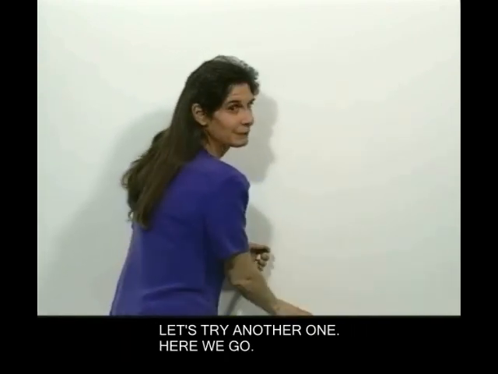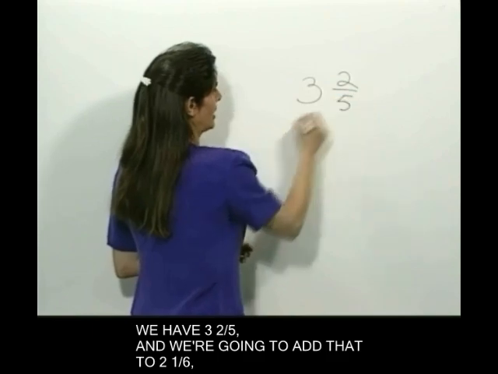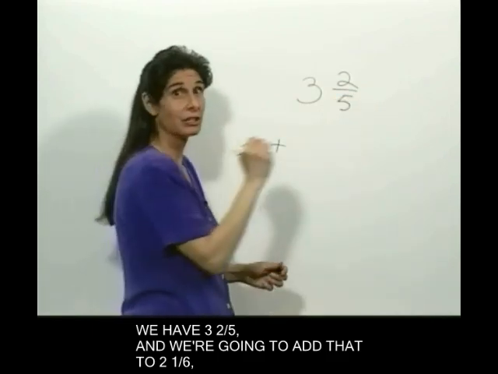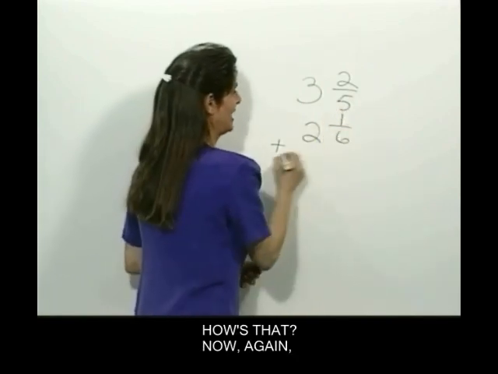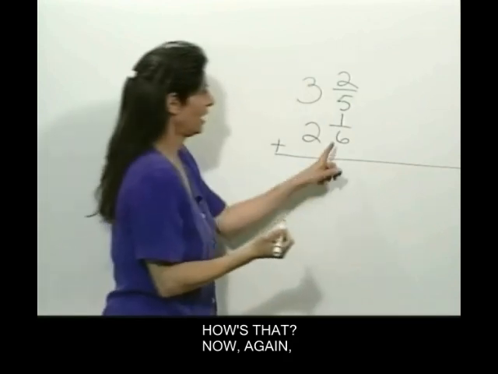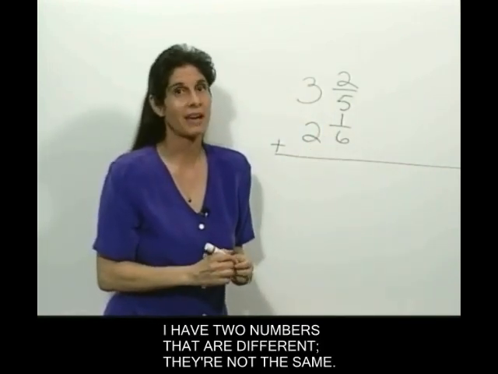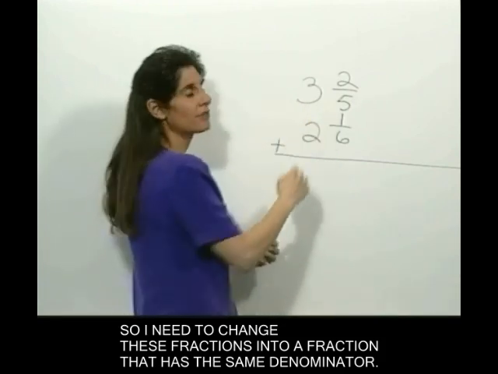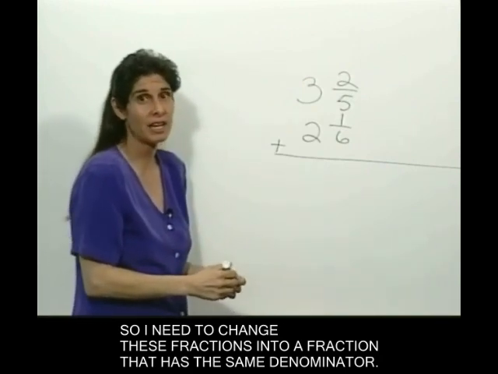Here we go. We have 3 and 2/5, and we're going to add that to 2 and 1/6. Now, again, I have two denominators that are different. They're not the same. So I need to change these fractions into fractions that have the same denominator.